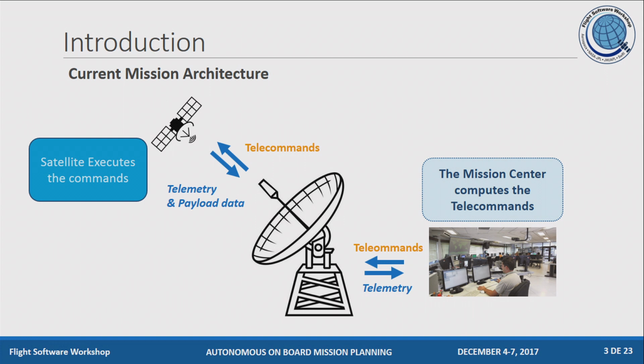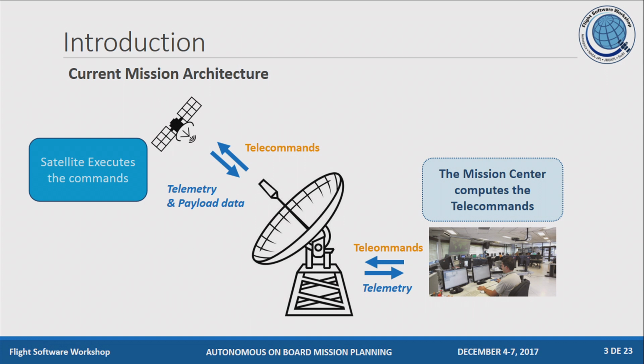Okay, next slide, please. I'm on slide 3 now: current mission architecture. Here is just an introduction to show you how the communication between the mission center and the satellite is done today.